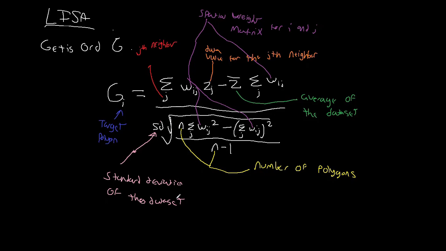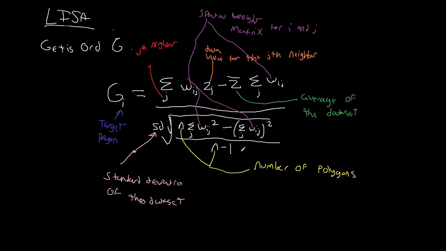Okay, so I know I've kind of scribbled all over this, so if you weren't able to get the equation written down, go back to the beginning before we scribbled on it and make a copy of it. But basically what we're doing is this top part looks just like the part from the Moran's I. We're dividing it by this complex thing that is essentially the standard deviation of the data set and something that is kind of equivalent to the standard deviation of the spatial weights matrix.